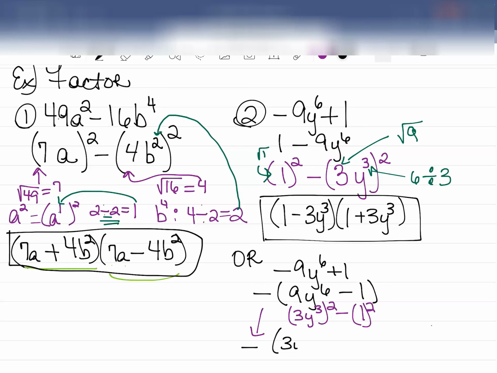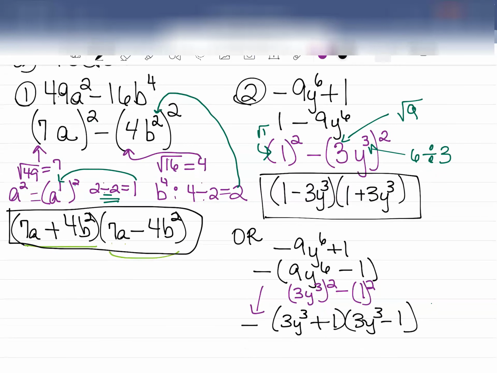Three y cubed being squared up front, so I write it in the front of both parentheses. 1's being squared in the back, I write it in the back of both parentheses, and I alternate my signs. And the negative that we factored out, I just carried down. This is another way to write that answer.